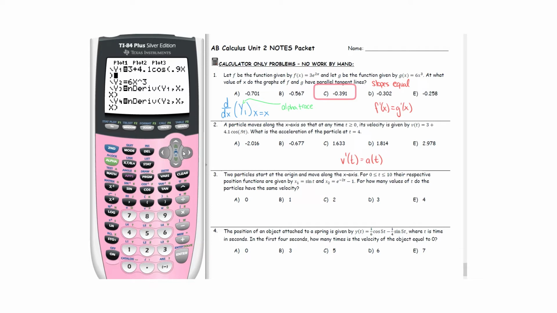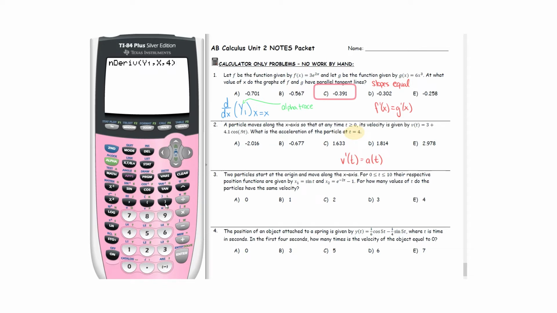So now that's in my y1, and I actually am going to leave these here so I don't have to type them in again, but I'm going to turn them off. Because all we really need is the derivative of this function. So if I go back to my home screen, second quit, we can pull up the derivative, Math 8, of y1 at x equals 4.